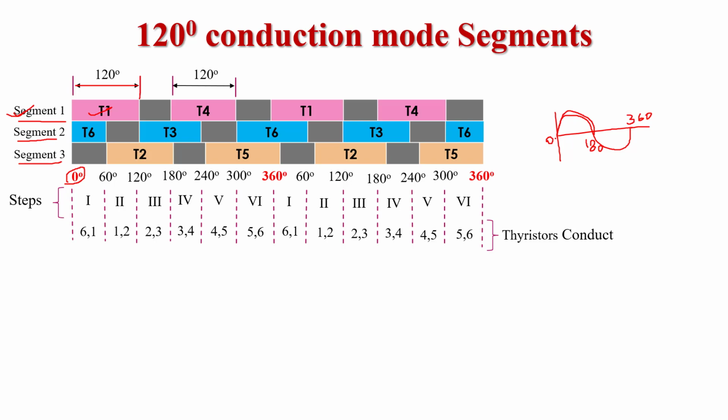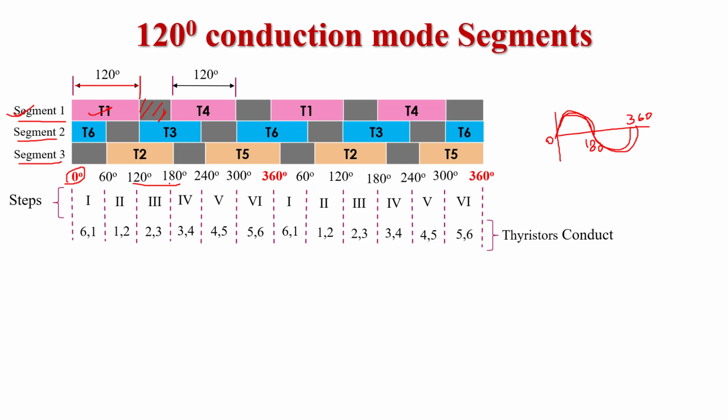We know the full cycle is 0 to 360 degrees, but the half cycle of a sinusoidal signal is 0 to 180 degrees. Therefore, for the remaining 60 degrees, from 120 degrees to 180 degrees, neither thyristor T1 nor thyristor T4 will conduct.